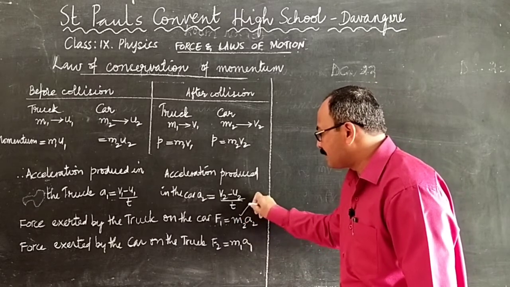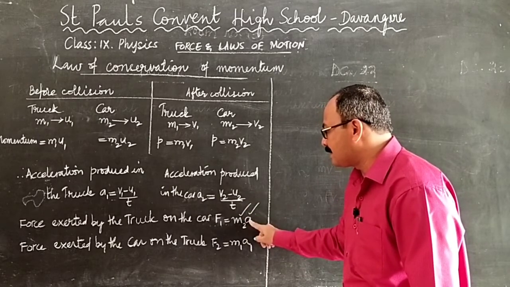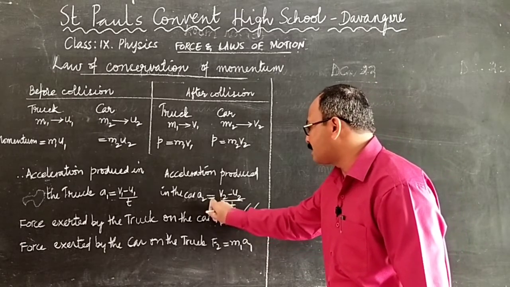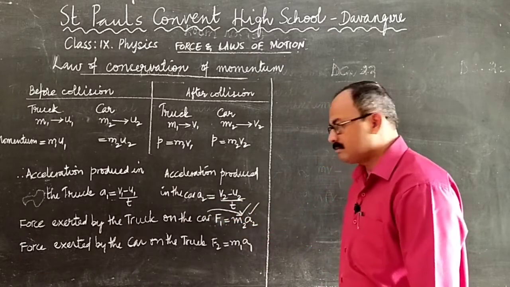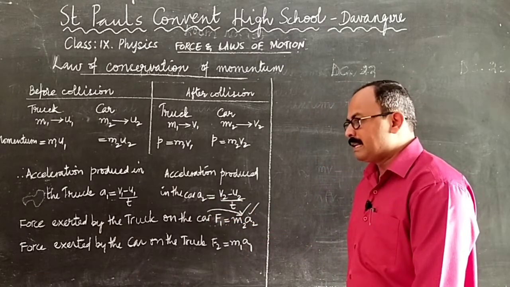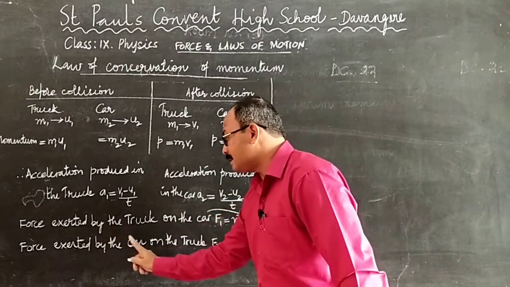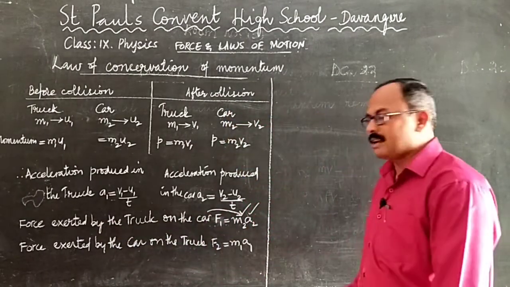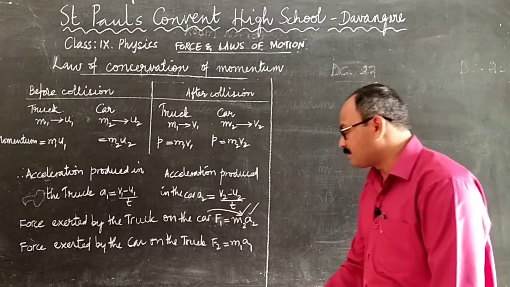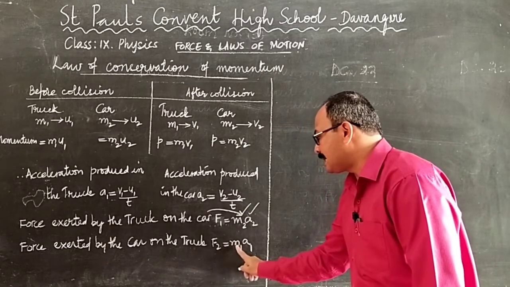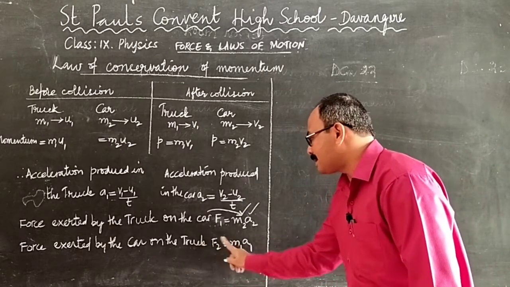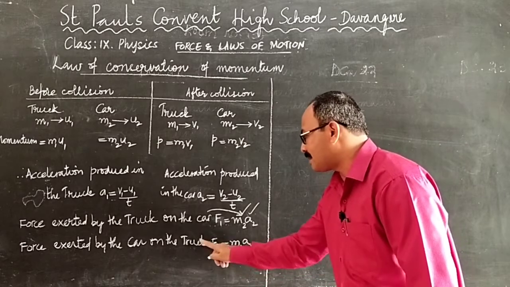This m relates to the mass and acceleration of the car only, children, remember. Similarly, the force exerted by the car on the truck, F2, is m1, the mass of the truck, times the acceleration of the truck.